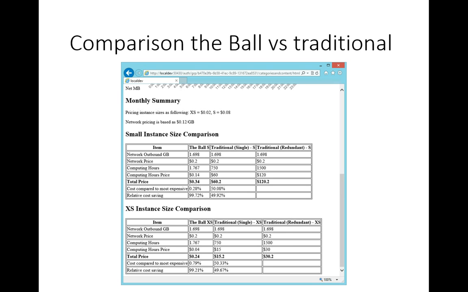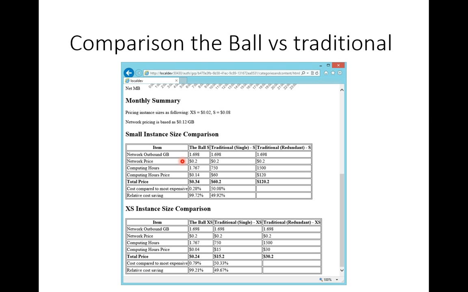So the comparison numbers then in this example, I have the monthly summary here. Pricing of instance sizes is compared with the small instance and extra small instance. We run the ball right now on the extra small instance without any issues. The equal numbers are network outbound gigabytes, which is close to 1.7 gigabytes.